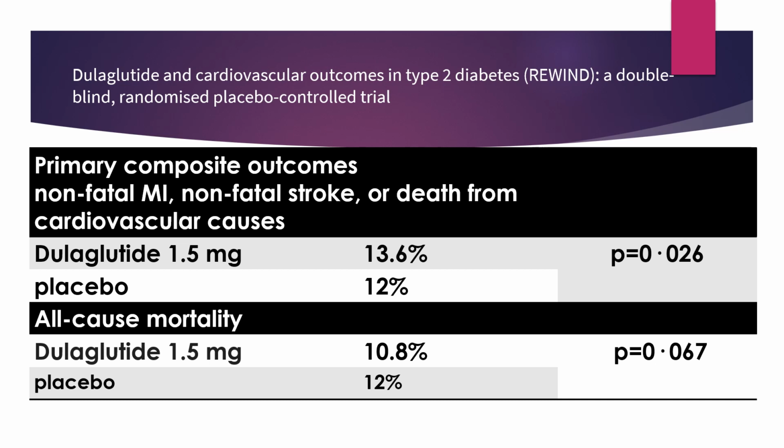In this trial, the primary composite outcome of non-fatal MI, non-fatal stroke, or cardiovascular death occurred less frequently with 1.5 mg once weekly subcutaneous dulaglutide compared to placebo. On the other hand, there was no difference in all-cause mortality between the two groups.